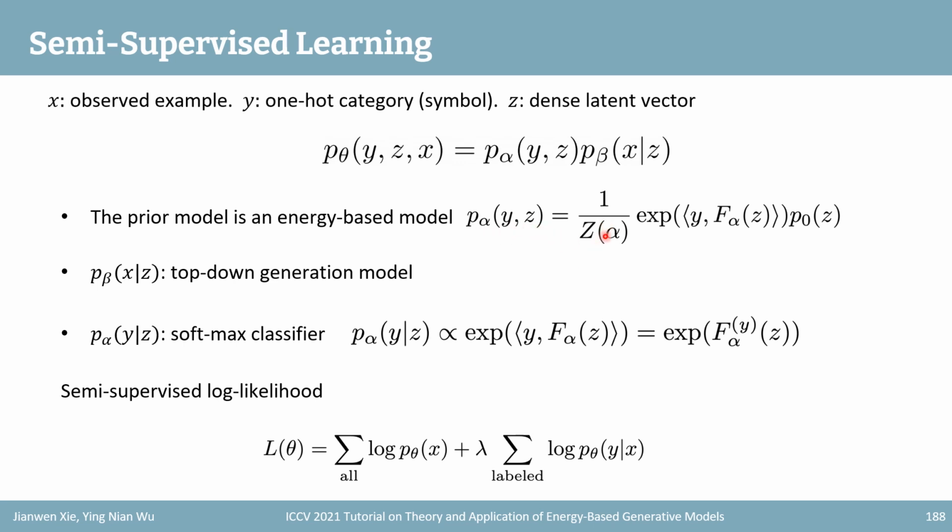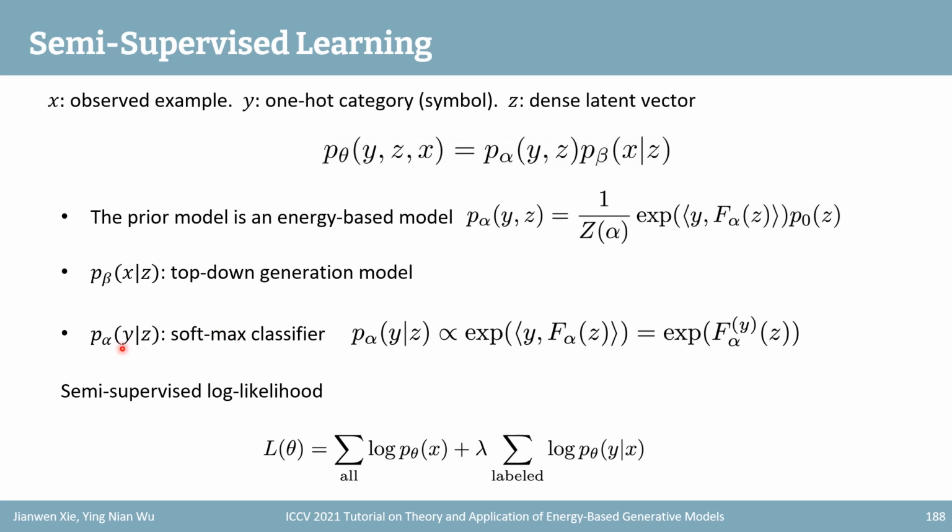The prior distribution is again an energy-based model, but the energy is in the form of a coupling between the symbolic one-hot Y and the continuous dense Z vector. The conditional distribution of X given Z continues to be a generation model, or an RNN model for the text situation.